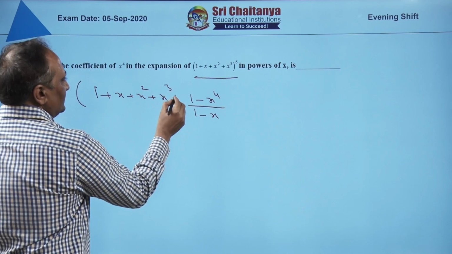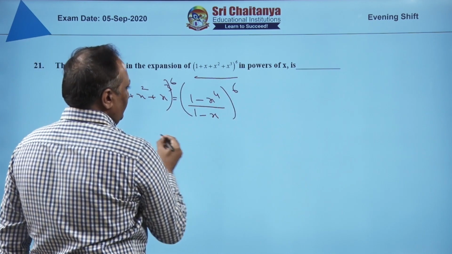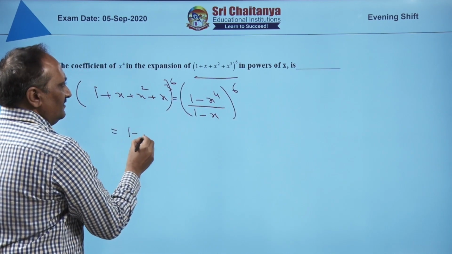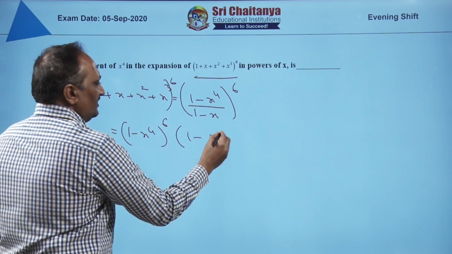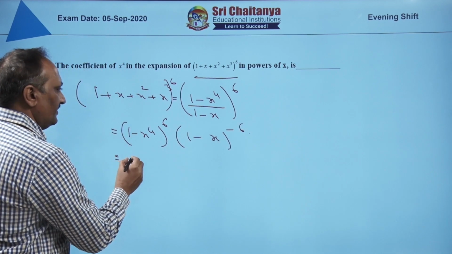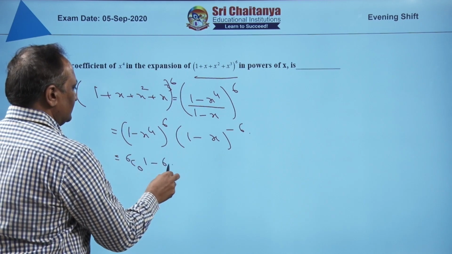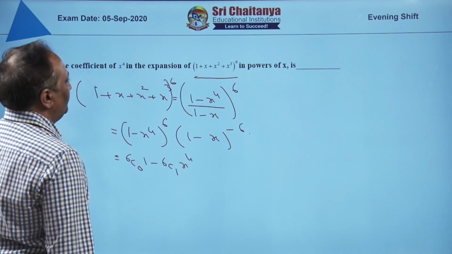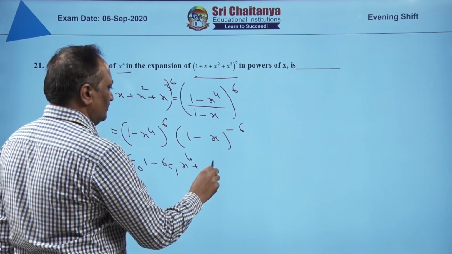For this whole power 6, the value is 1 minus x to the power 4 whole power 6 into 1 minus x whole power minus 6 we can write. This is 6c0 into 1, 6c1 x to the power 4. Till here it is sufficient, we have to find only the coefficient of x power 4.